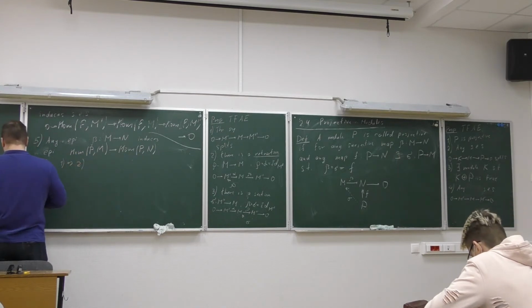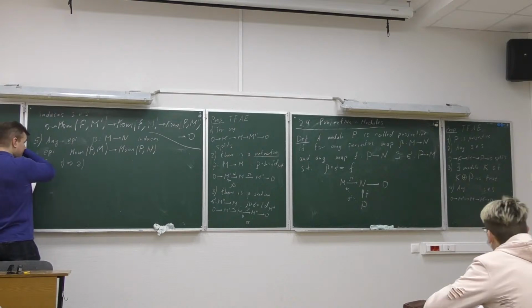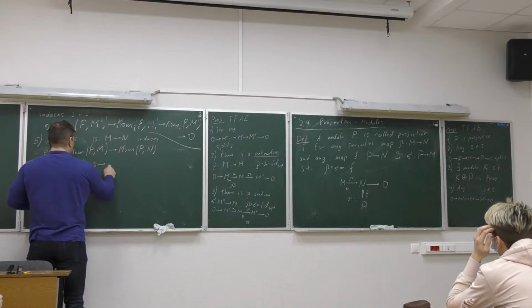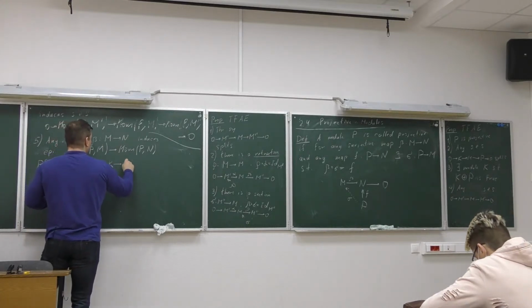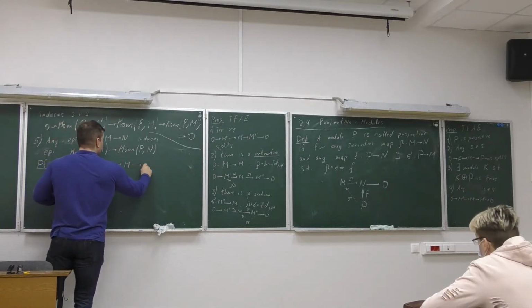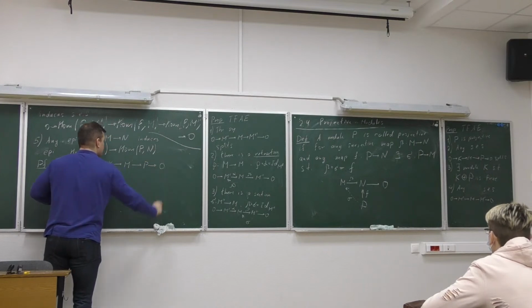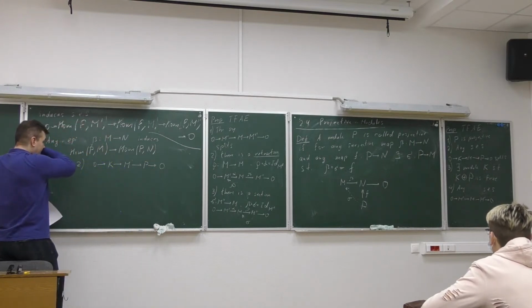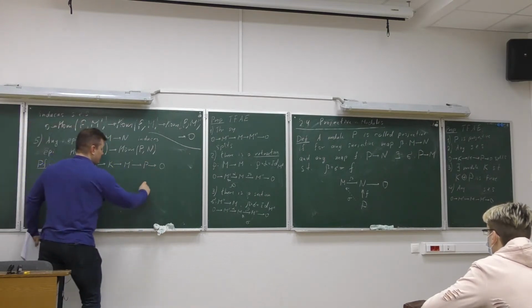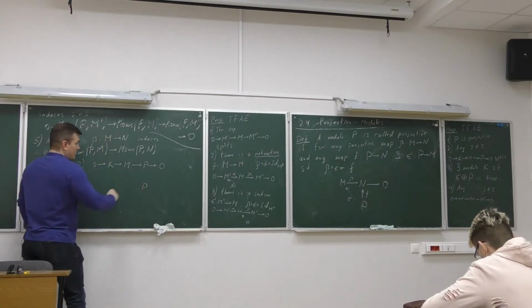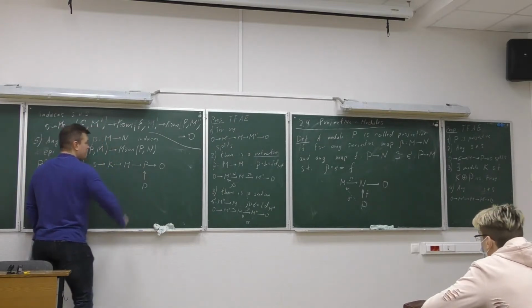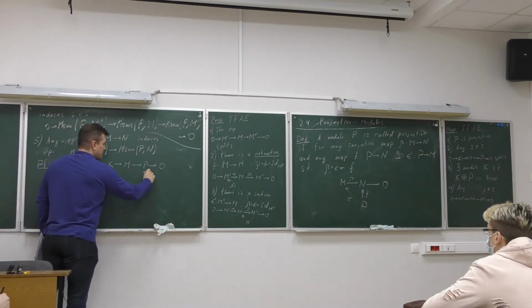We have the definition of projective module, and we want to show that any short exact sequence splits. So let's take a short exact sequence with modules K, M, P. I take this projective module P again, and have a canonical map from P to P, which is just the identity.